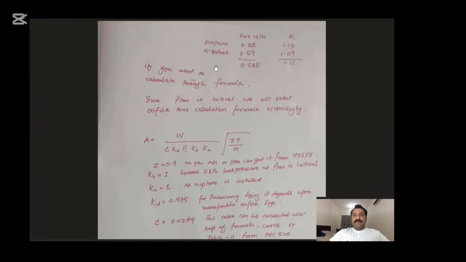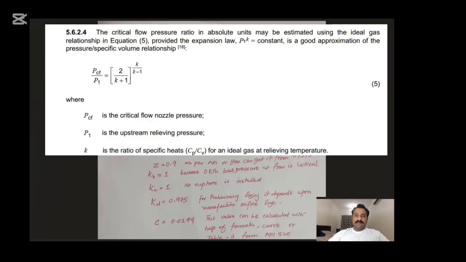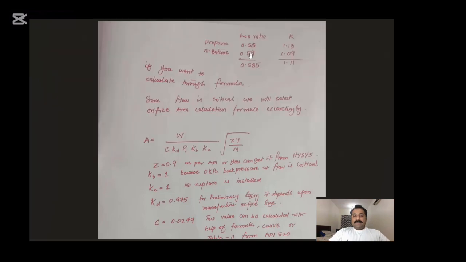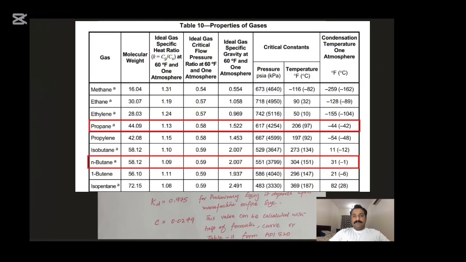So this is the complete formula for calculating the critical pressure. You can see here two things, one is the pressure ratio and one is the K value. These values you can find in Table 10 of API 520. You can see on screen I have highlighted the values for pressure ratio and for K. So this is the mixture of propane and butane.